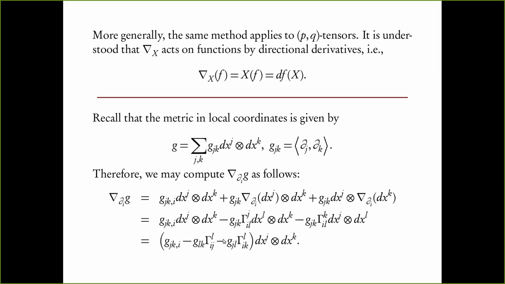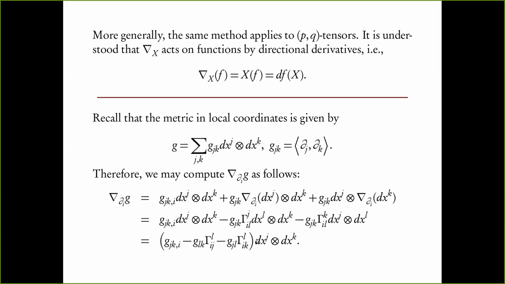So what do we get? Well, if you simplify and then you write everything as a double sum, you pull the dx^j, dx^k out. This is actually a sum over j and k. This is the first term, this is the second term, this is the third term. I've just relabeled some of the indices, but this is a sum itself over l, and this is also a sum itself over l. Right? So we are almost there. If you want to claim that this quantity must be 0 for all i, that means this quantity is 0.